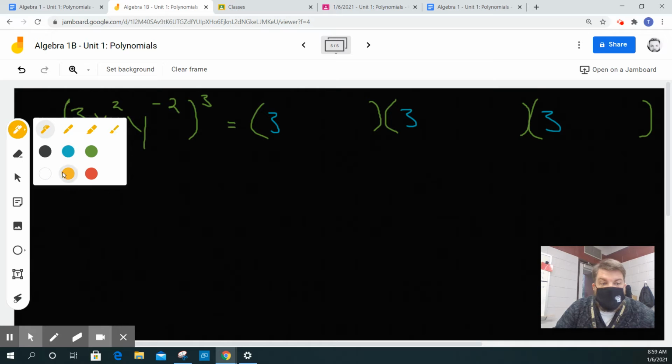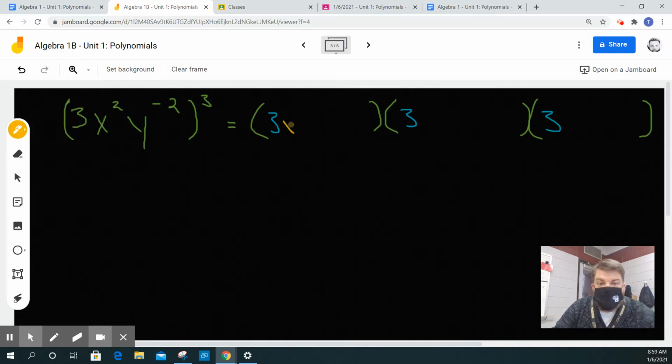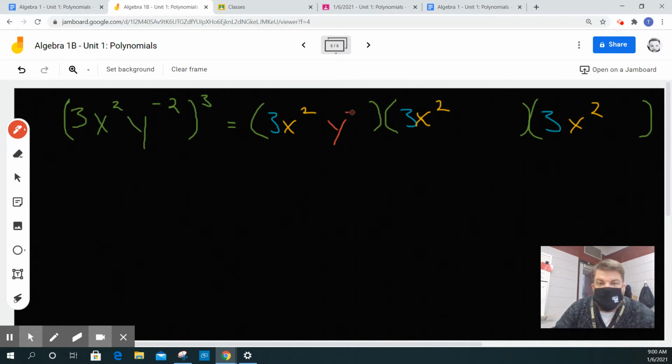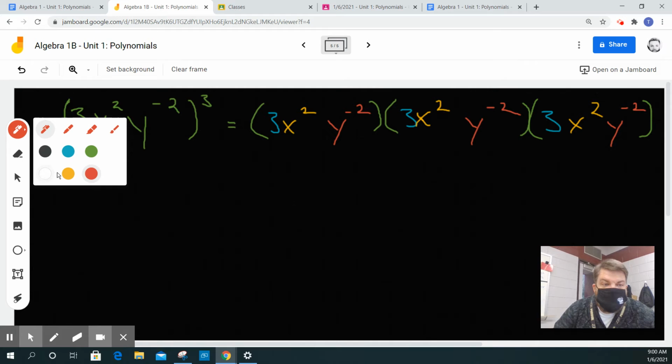I'm going to have x squared times x squared times x squared. I'm going to have y to the negative 2 times y to the negative 2 times y to the negative 2. So this is that property that we're going to use. This is where the shortcut would be to multiply it out.